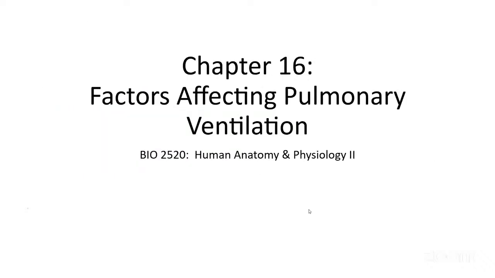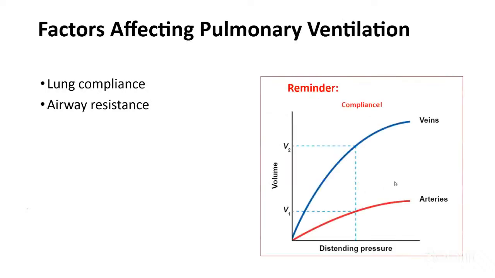Okay. So we're going to think now about some factors that can change things up a little bit, make it easier to breathe, make it harder to breathe, create problems. In order to do this, we want to remember compliance and resistance. We talked about compliance and resistance when we were talking about the blood, and they are coming back in a big way now.